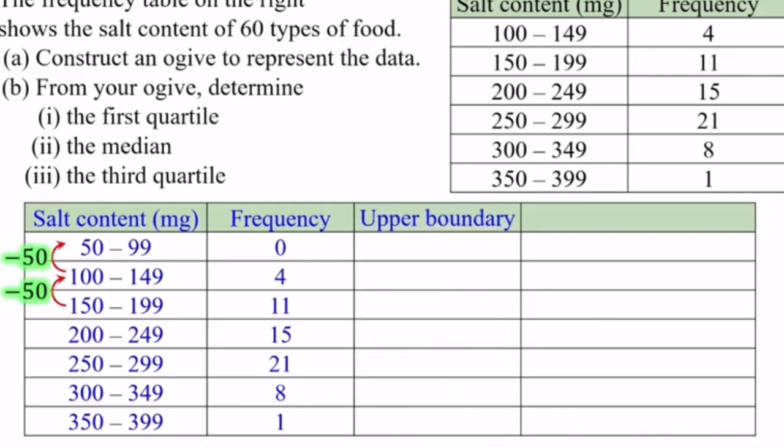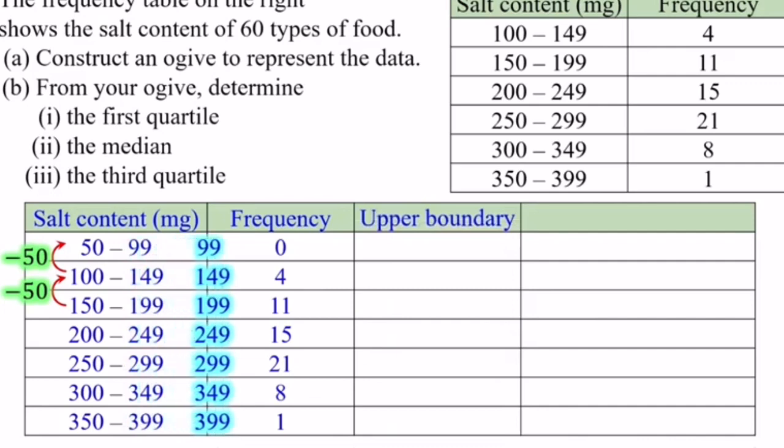So how do you add the one class interval with zero frequency? You have to find the size of the class by subtracting from the next class interval. So we will copy down the frequency 0, 4, 11, 15, 21, 8 and 1. And how to find the upper boundary?